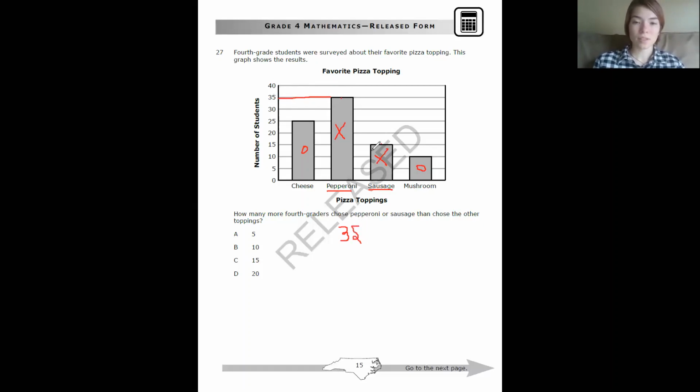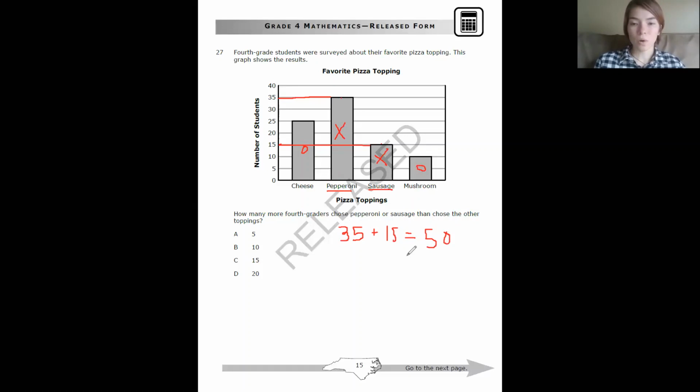The number who had sausage, if we trace it over, is 15. So let's redraw that. So that's 35, and this is 15. So if we add those two together, altogether 50 students had one or the other.